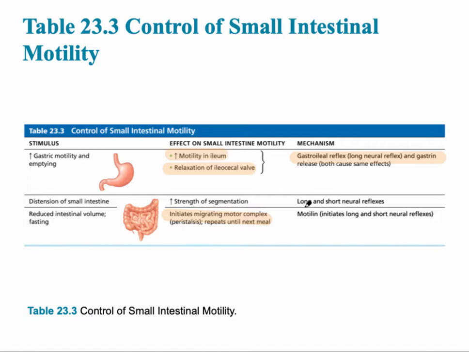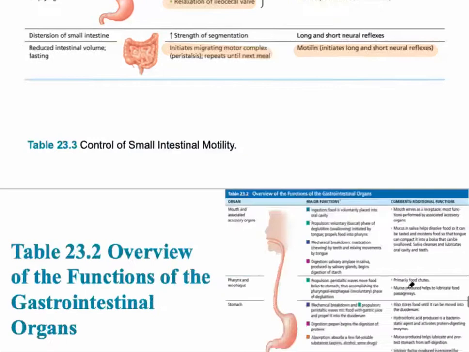And the mechanism for this is one that we've already mentioned. It's a hormone called motilin. And so that also initiates long reflexes, but also short neuroreflexes, which are basically nerves that are already built into the wall of the GI tract.